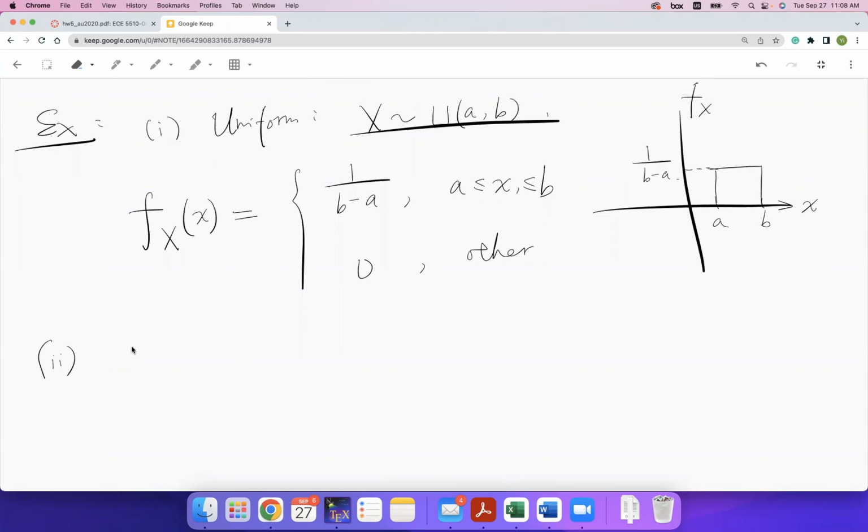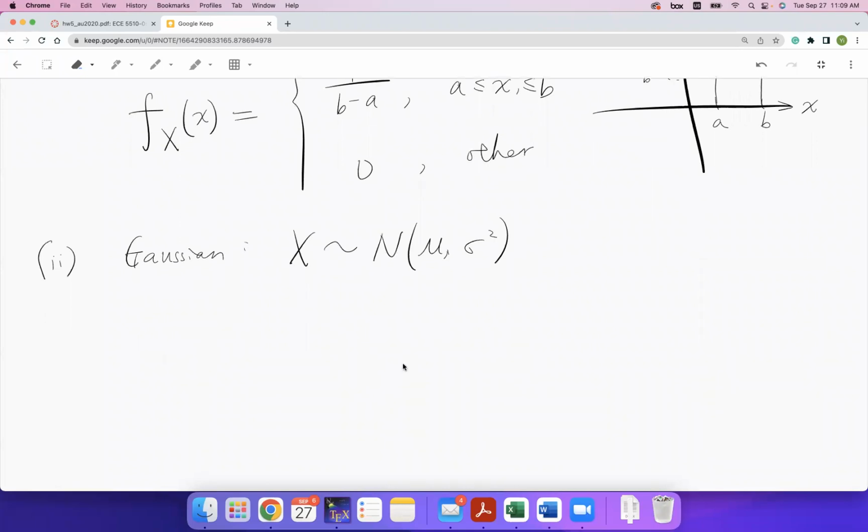The second example is a Gaussian, a very famous Gaussian random variable. It follows a Gaussian distribution with mean mu and variance sigma squared.